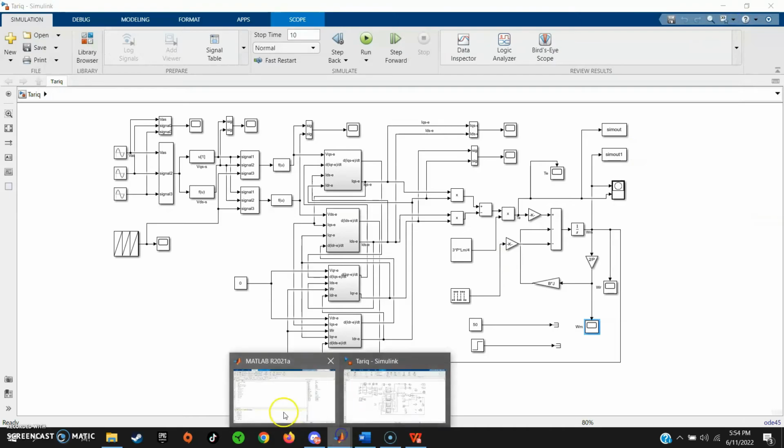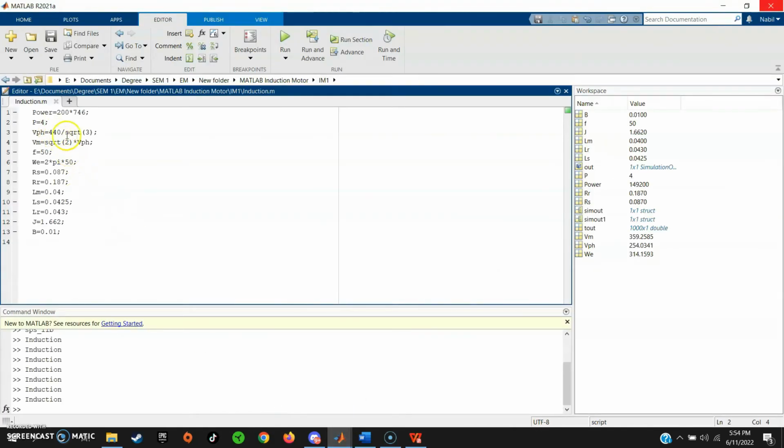Okay, for the third set we change the poles to 6, and we maintain the voltage 480 divided by square root 3, and the frequency we change to 70.